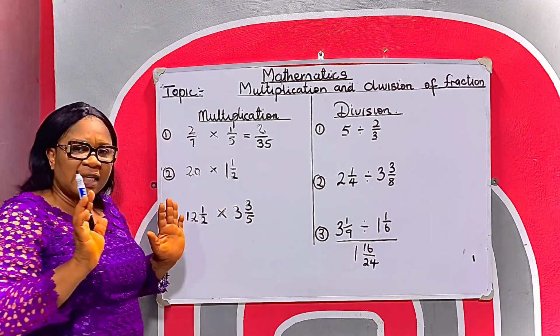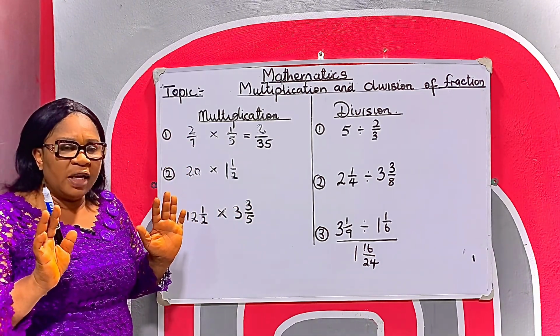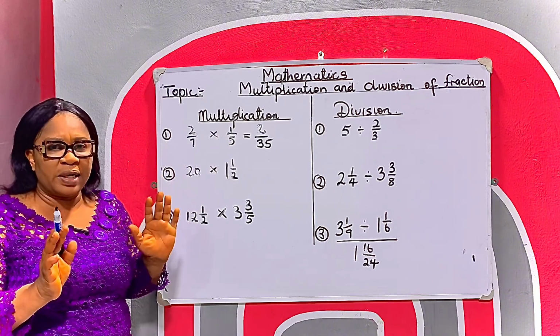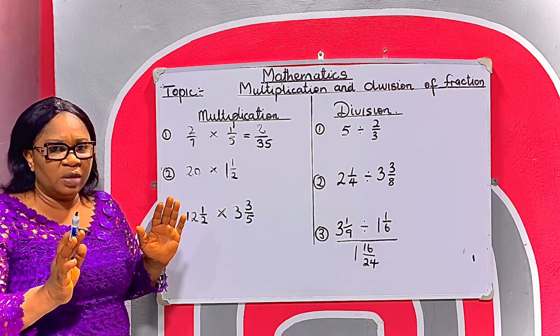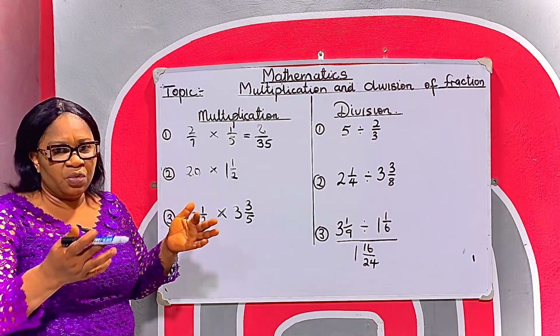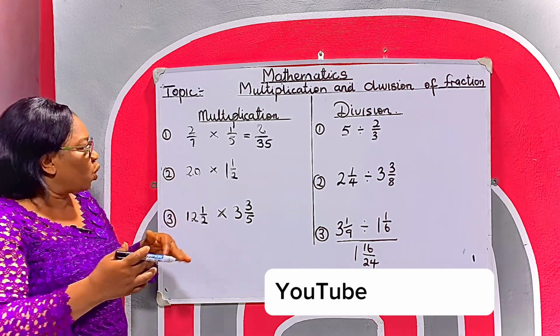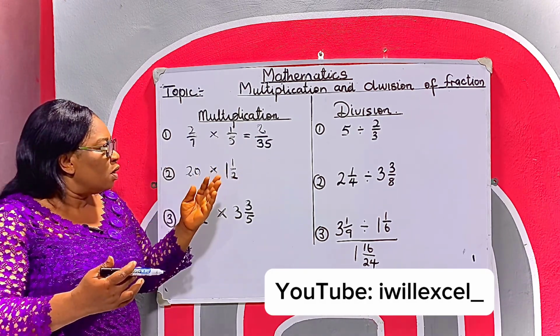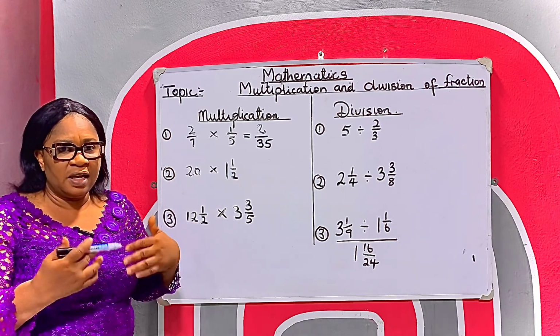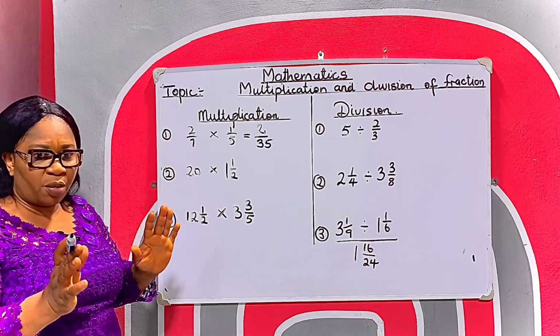And that's the answer. Unless you can reduce it to its lowest term, or it is an improper fraction, you will change it to mixed fraction. But when you just multiply, the result you get is the answer. That is for number 1 example.